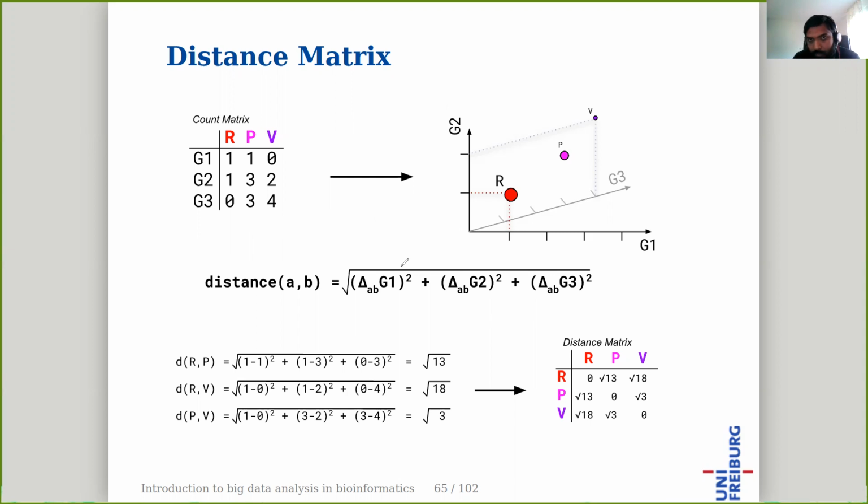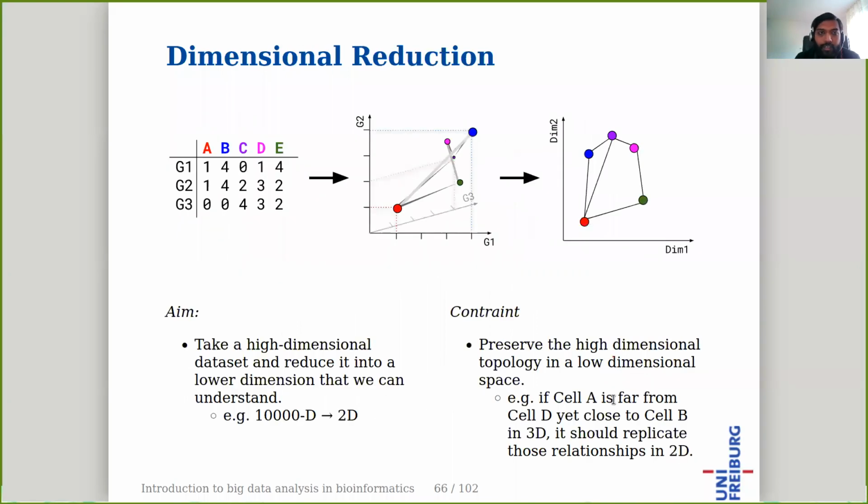So instead of plotting them directly, we build a distance matrix based on the Euclidean distance among these cells from the gene expressions. We create a distance matrix, and from the distance matrix we can plot them. But as I said, it's not possible to plot so many dimensions.